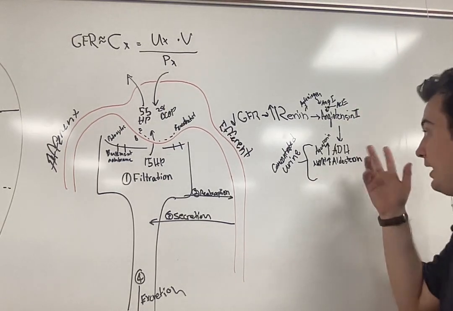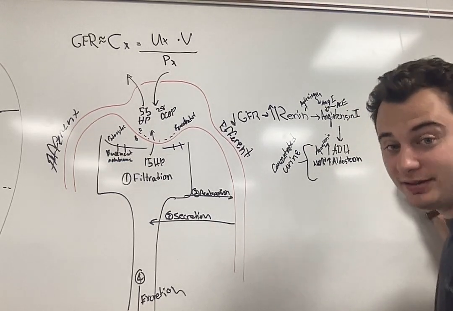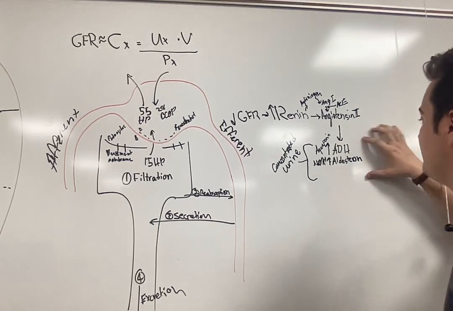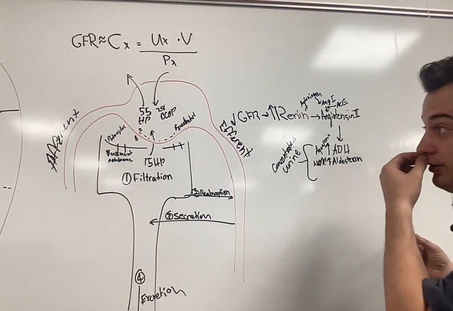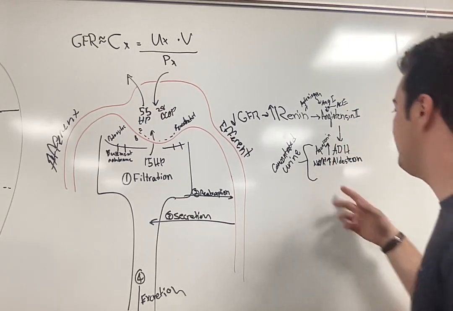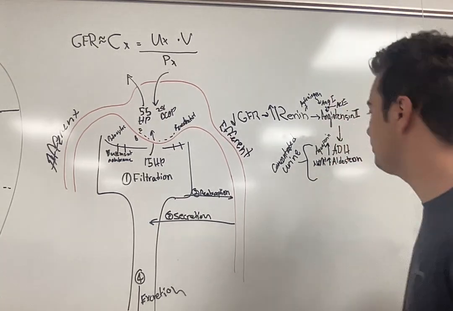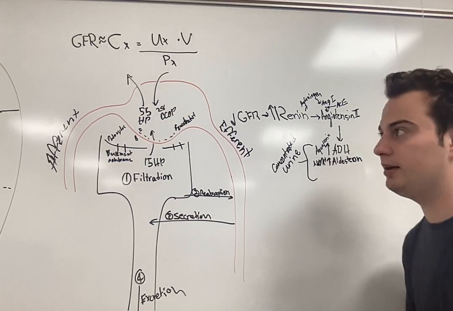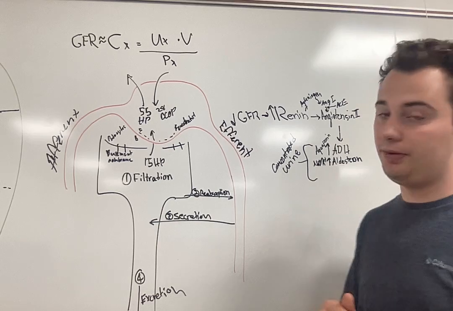If you remember that, then it's very similar. But now we have these two fun additional functions. It will release ADH, which increases the aquaporins found in your distal collecting tubule, and it will increase your aldosterone, which increases the number of sodium potassium channels, right? And so this has the really neat effect of, well, think about it.